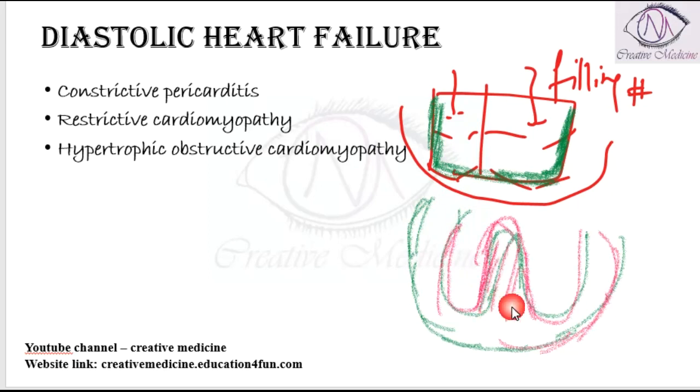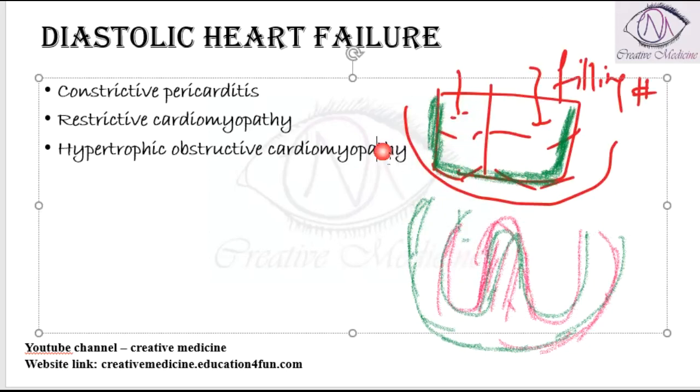This septal hypertrophy results in very little room in the left ventricle and the right ventricle, thus resulting in diastolic heart failure. Because of the less room in the ventricles, there is less filling of blood. Then acute myocardial infarction.